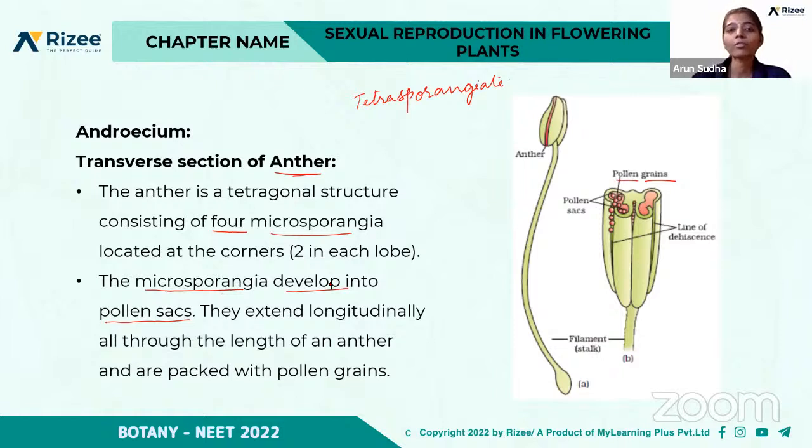They extend longitudinally all through the length of the anther. So they are present throughout the anther, and they are packed with pollen grains. This pollen sac is filled with pollen grains.